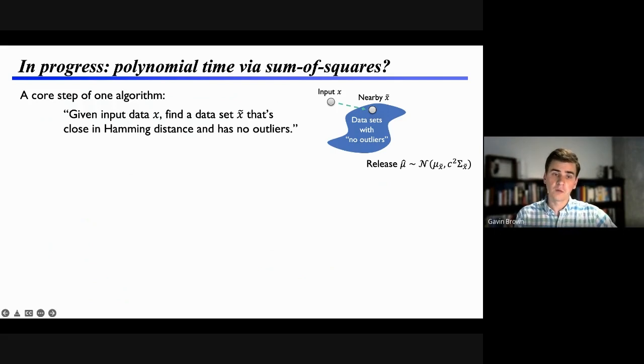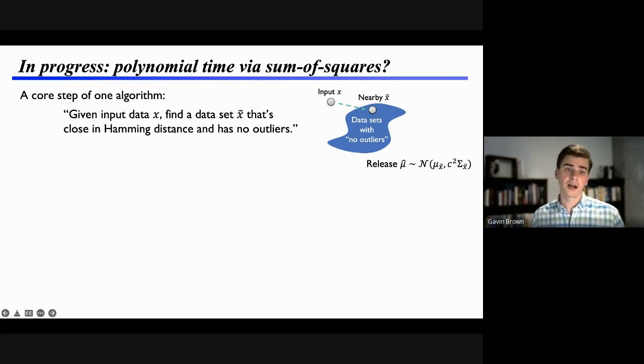A core step of one of our algorithms can be stated as follows. Given the input data set X, find a data set X tilde that's close in Hamming distance and has no outliers for some specific notion of outliers. We can think of it as projecting in Hamming distance our input X to some nearby X tilde into this set of blue no outlier data sets.